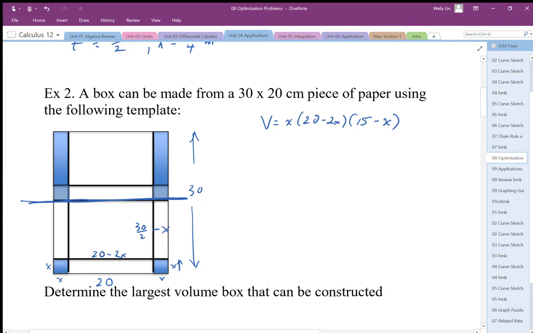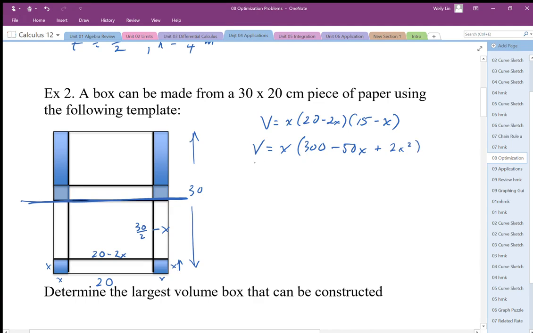If I want to find the largest volume, I just need to differentiate and find out where I'm going to have a max. I really should multiply this out because it's going to be easier to differentiate. So I'm going to end up with 300 minus 30 minus 20, so minus 50x plus 2x squared.